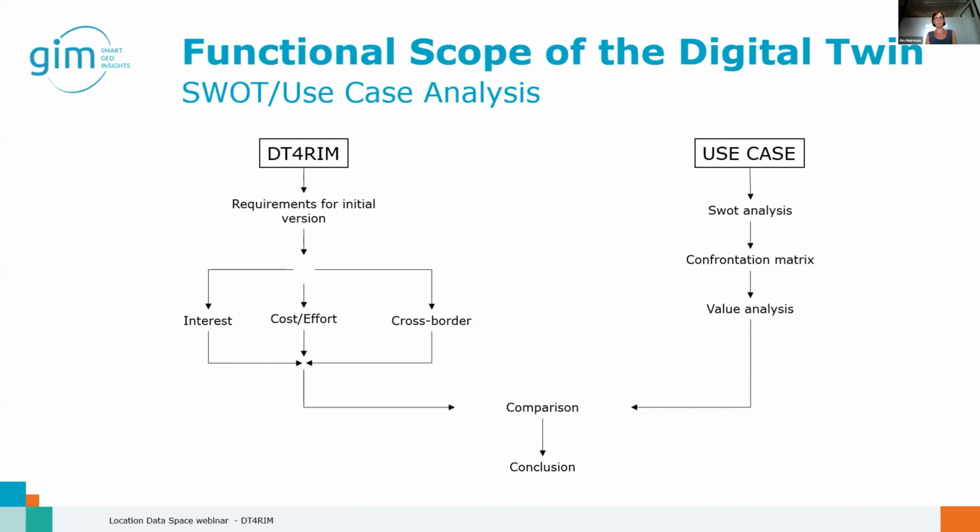When we had the overview of all the use cases, we did a SWOT analysis for each use case, and we checked the use cases against the definition of the digital twin for road infrastructure management, as we put in place in the first steps.